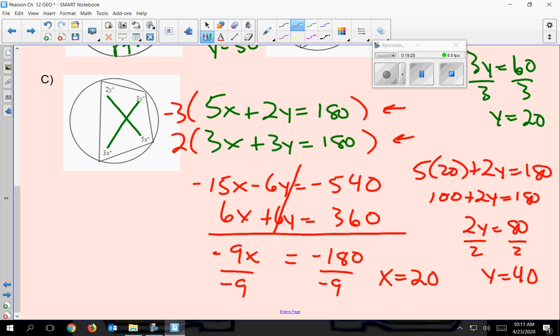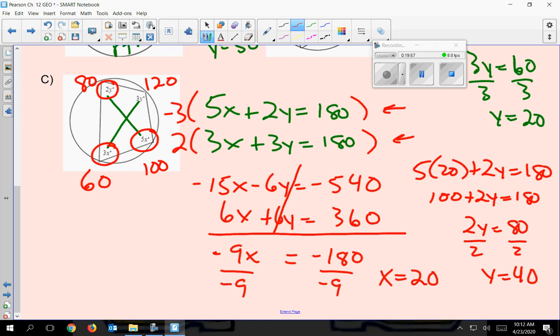X was 20. So down here, 3 times 20 is going to get me 60. Over here, 5 times 20 is going to get me 100. Okay. I got y is 40, so I'm going to go up to the top. 2 times 40 is going to get me 80, and 3 times 40 is going to get me 120, okay?